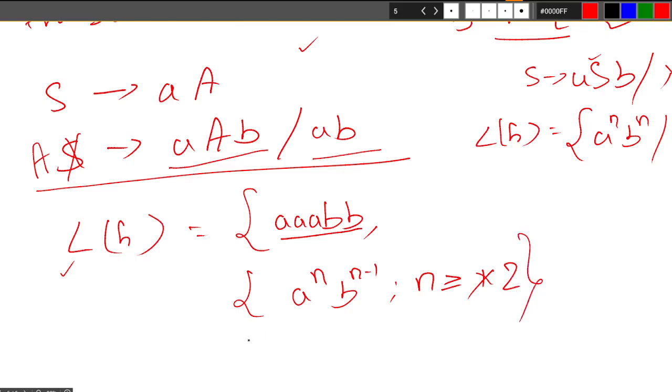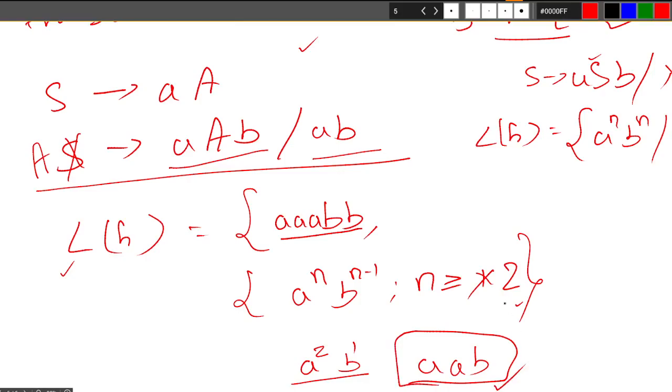Okay. So if it is 2, it means that the smallest possible string is A to the power 2 and B to the power 1, which means AAB. Is it so? How is it possible?